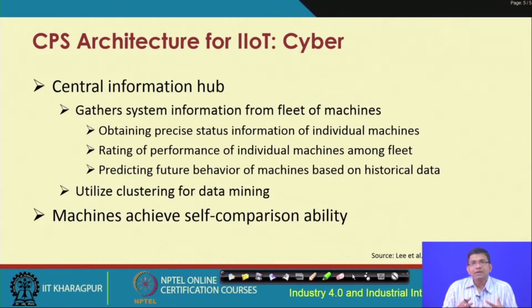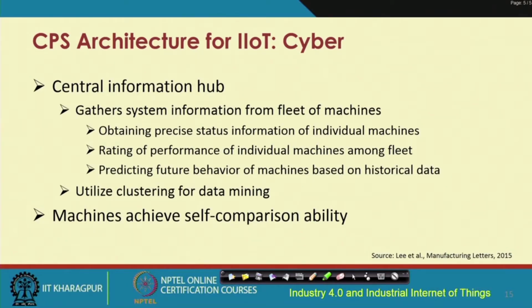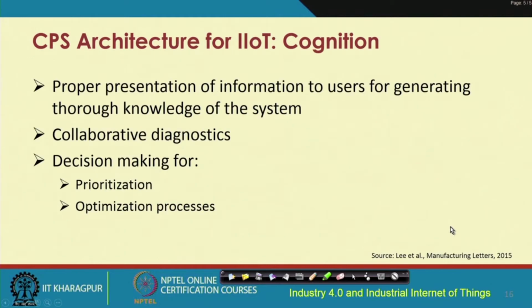So, this is basically done by the cyber component of it. So, this is the C of the 5 C's in the architecture of CPS for IIoT or Industry 4.0.